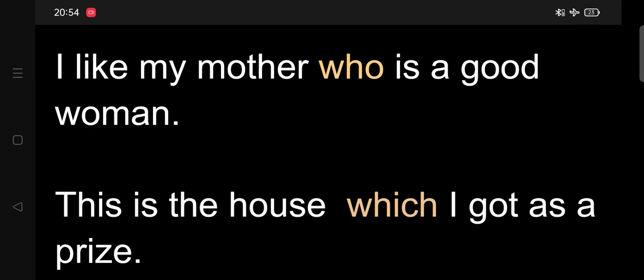And in the second sentence, this is the house, first part, which I got as a prize, second part. They are joining by which word? Which, WHICH. So relative pronoun are those words which are making relations or in short we can say they are joining two sentences or two parts of sentences.